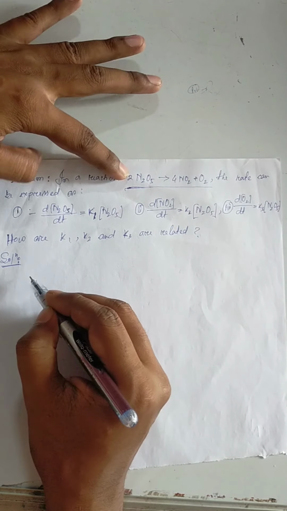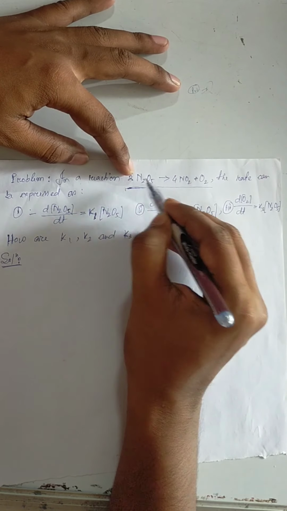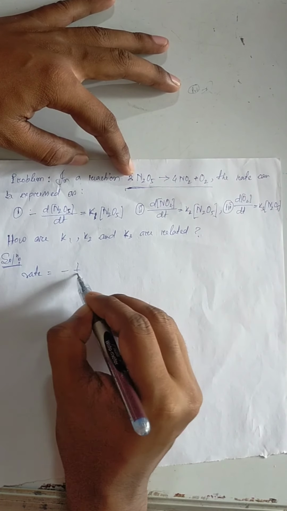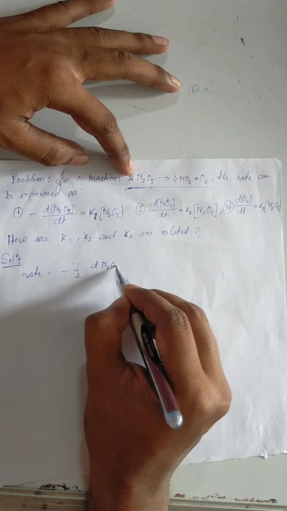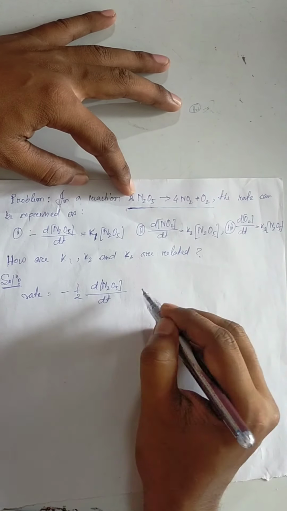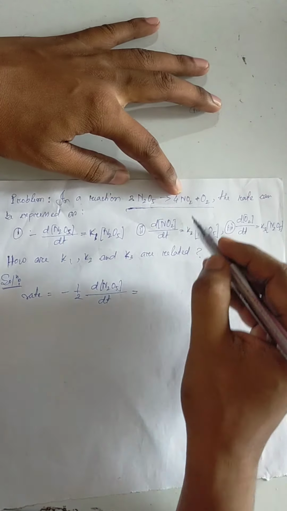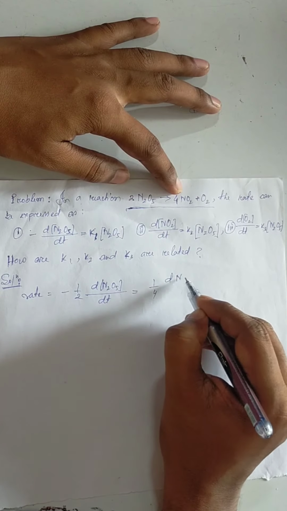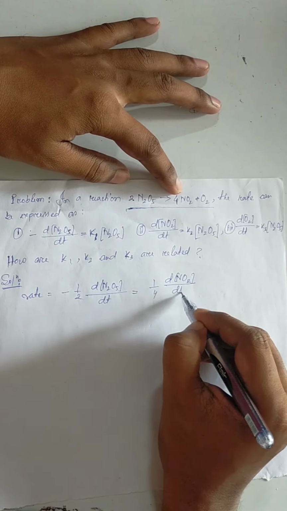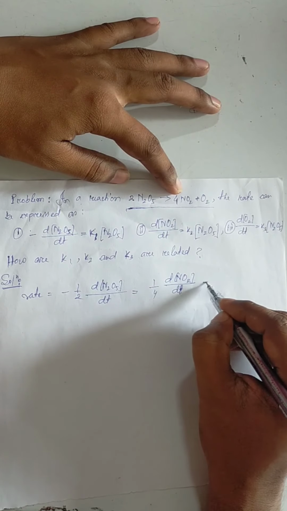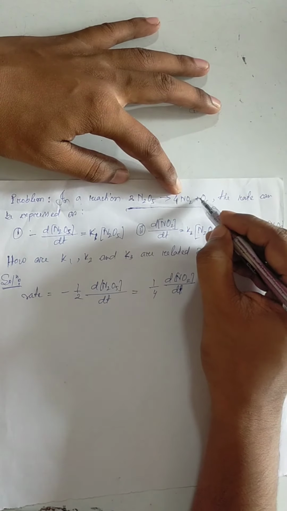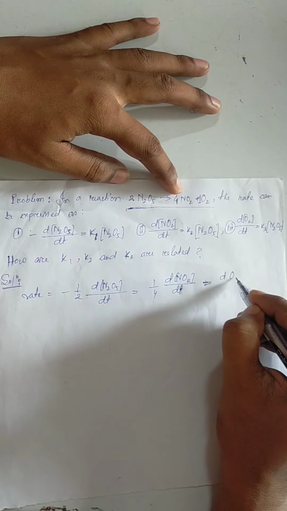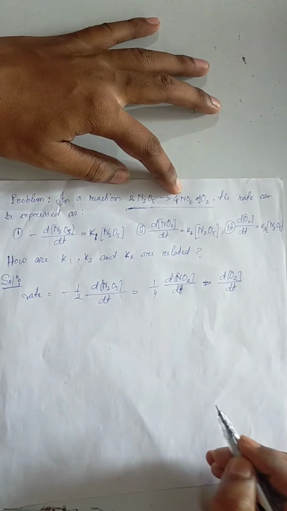We can write: as 2 is in the reactant side, we can write minus 1 by 2 d[N2O5]/dt is equal to, as this is the product, it will be positive, 1 by 4 d[NO2]/dt plus d[O2]/dt, and there is 1, that's why we shouldn't write it, we can write like this.